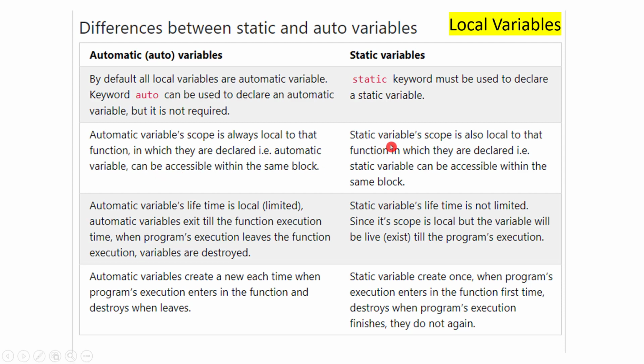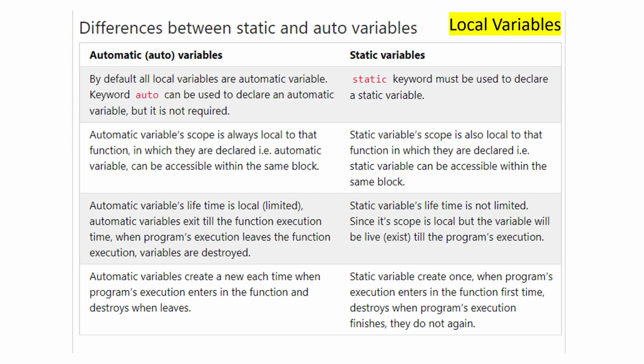In the case of static variable, scope is also local to that function in which they are declared. That is, static variable can be accessible within the same block. Then automatic variable's lifetime is local. Automatic variables exist till the function execution time.